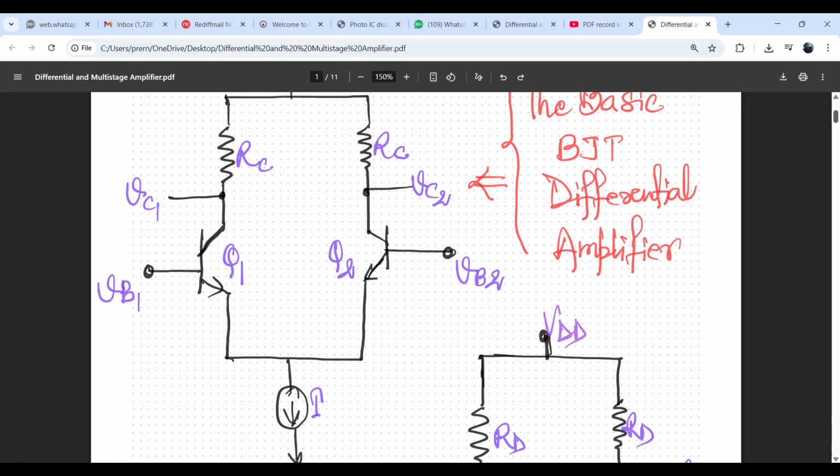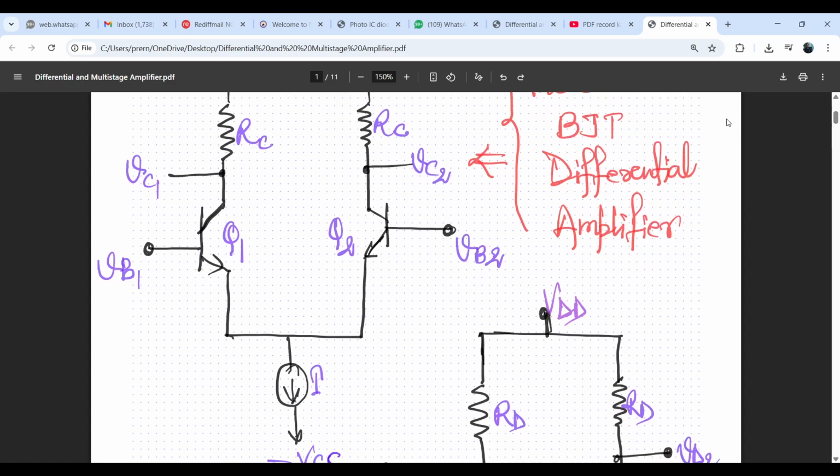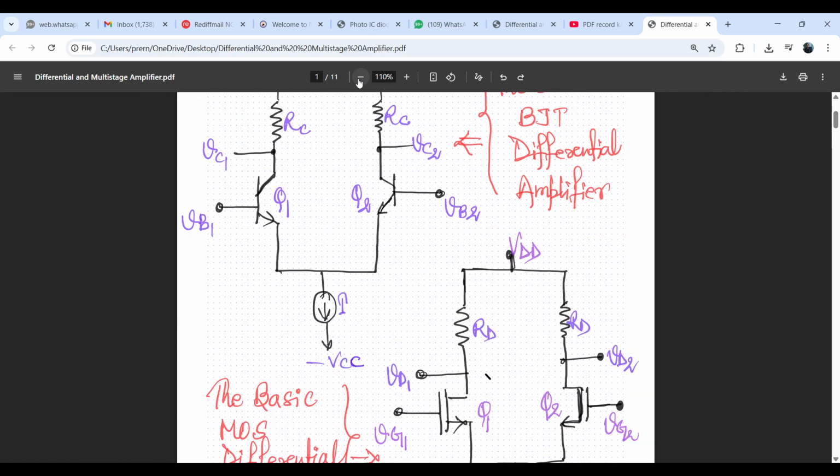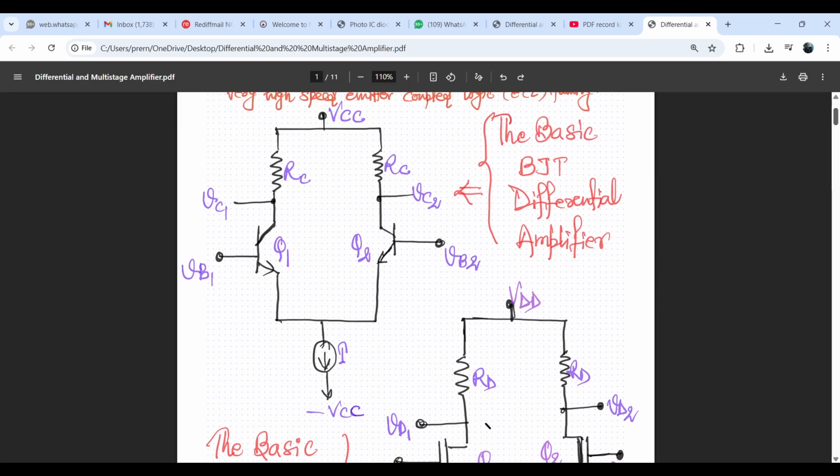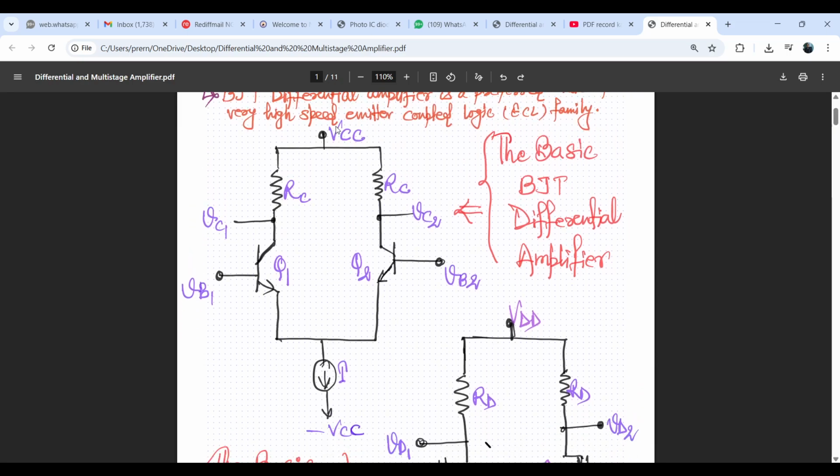This one is the BJT based circuitry of a differential amplifier where two BJTs are there, Q1 and Q2, and RC, the resistance across the collector side, and we are taking output from the collector, VC1.